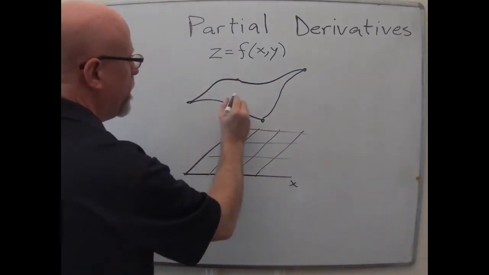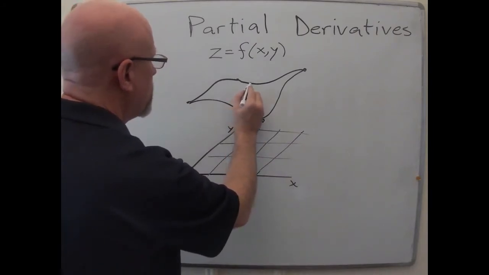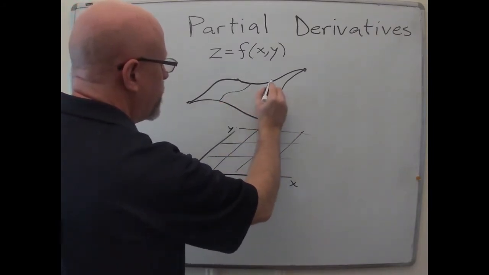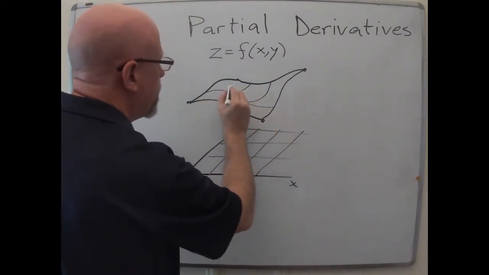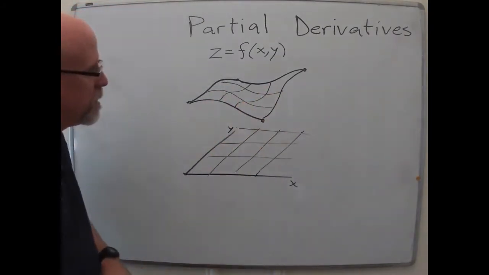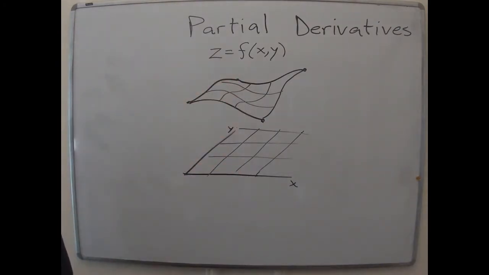The idea is that each one of these lines could be projected up onto this surface. I don't know how they'll look exactly, but maybe something like this. Does that give you the sense of a curved surface sitting up above the flat xy plane?